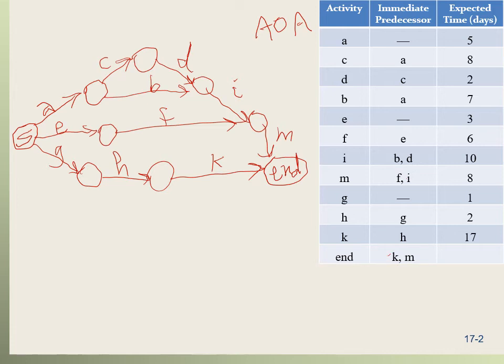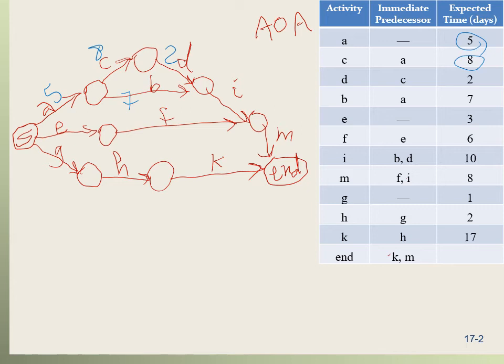Next, we are going to just put the activities' time, the expected time, on the arrows. So for activity A, it's 5. So I'm going to put 5 here. For activity C, it's 8. So I'm going to put 8 here. For D, it's 2. For B is 7.